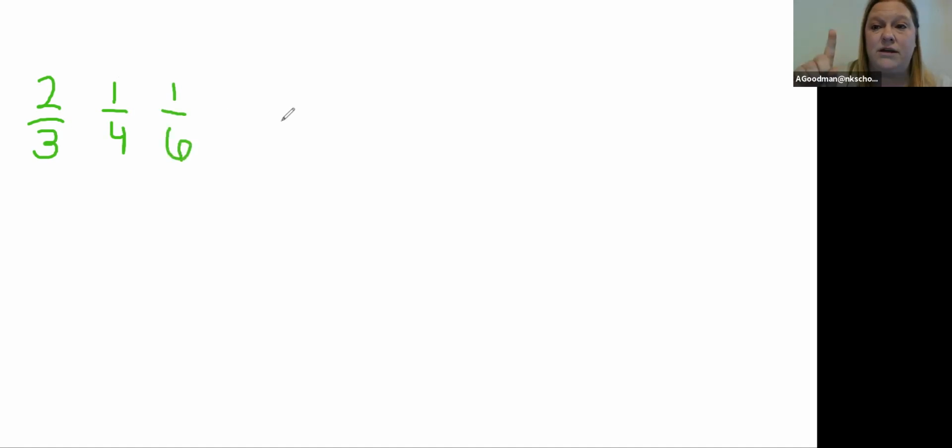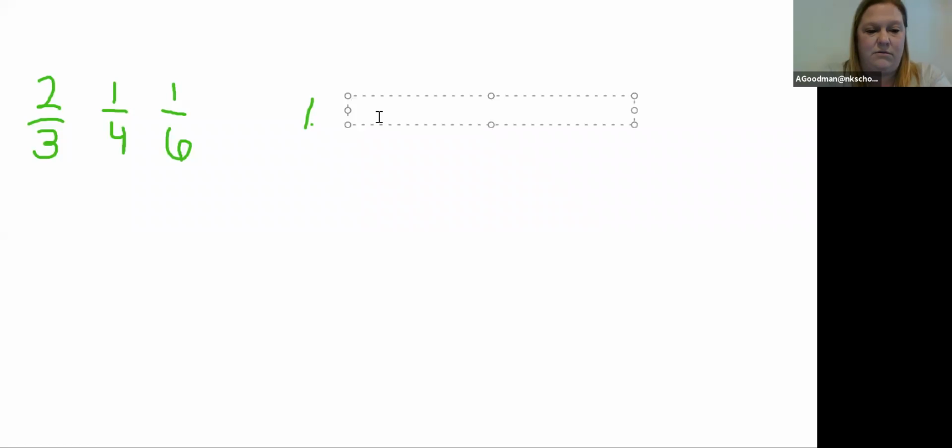So step 1 was find or list the multiples, right? List the multiples. So I'm going to put step 1. The multiples of 3, let's write them. I'm going to type them. Listing multiples. 3, 6, 9, 12, 15, 18, 21, right?